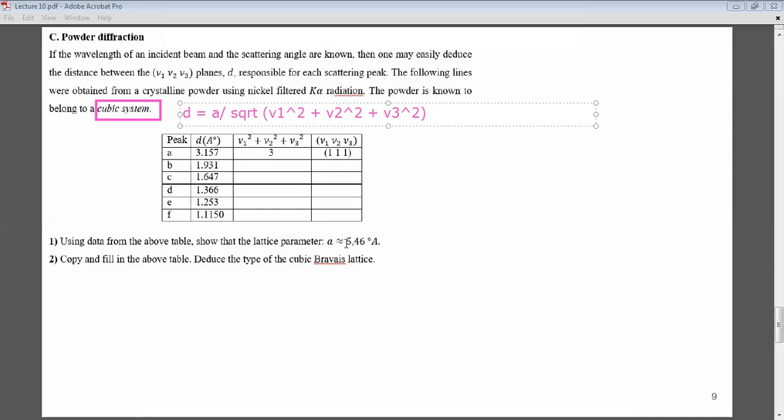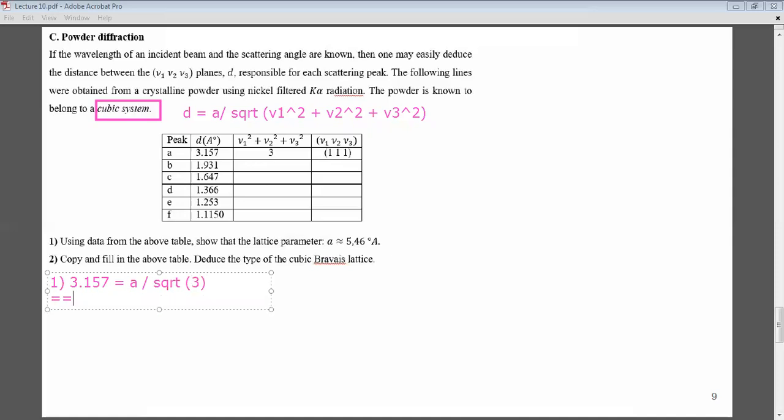Now, in order to get this A, I will be using this formula over here. So part 1, D, I will put 3.157. It's equal to A, my unknown, divided by the square root of V1 square plus V2 square plus V3 square, which is 3.